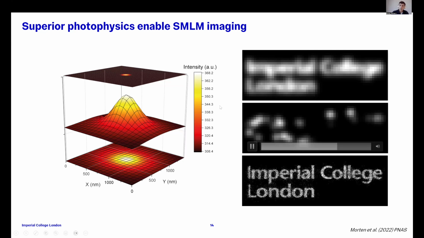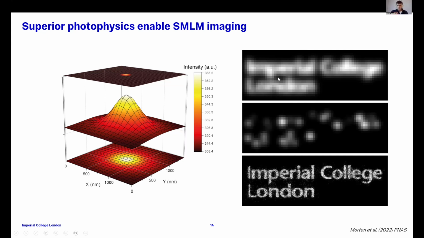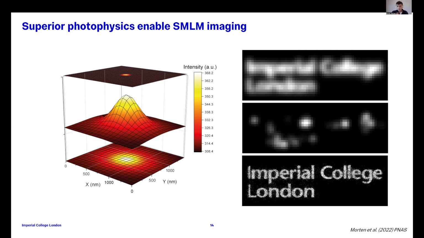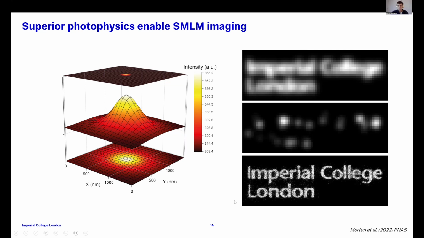You can see this happening in the simulation on the right. If we record all the emission from the fluorophores in one go, it's blurry and we can't really see what's going on. When we start blinking and noting down the localizations, we get a much clearer idea of where we are and what we're doing.